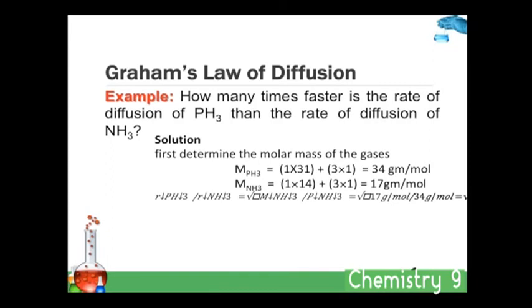Then we can divide these two masses and take the square root. We just have a ratio of 1 divided by the square root of 2. So that's how many times faster the rate of one gas is than the other.